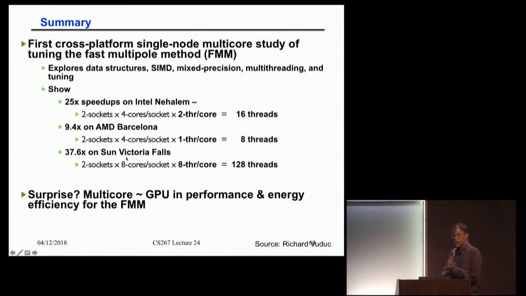The Sun Victoria Falls is an interesting platform, 2 sockets, 8 cores per socket, and it can run up to 8 threads per core, but they're not really running in parallel. It's something called hyperthreading. That means that only 1 thread is running at a time, but if that thread stalls because it's done a memory read or something, then on the next cycle, the next thread can start. So it can always keep things busy by hiding the latency. So there's a potential of 128 threads, and there they got a speed up of 37.6.